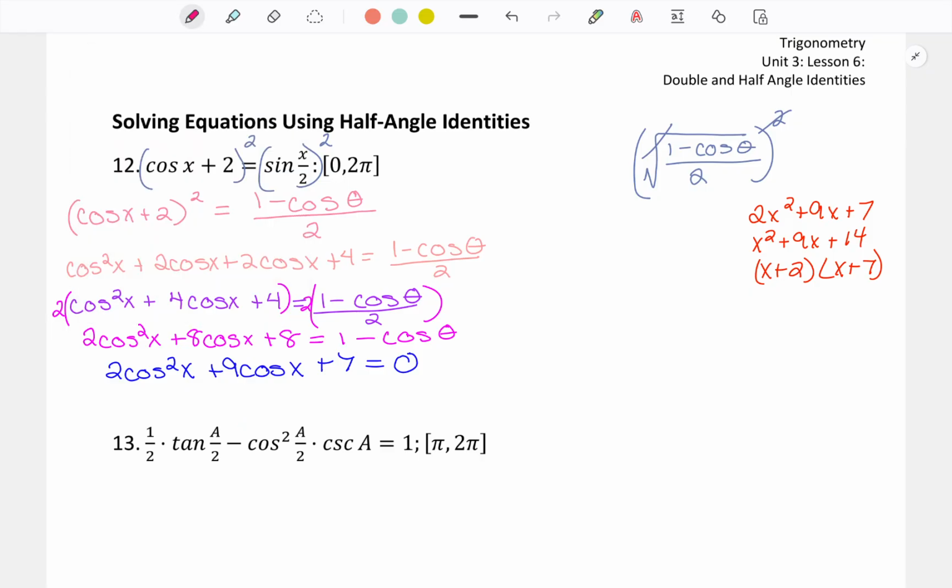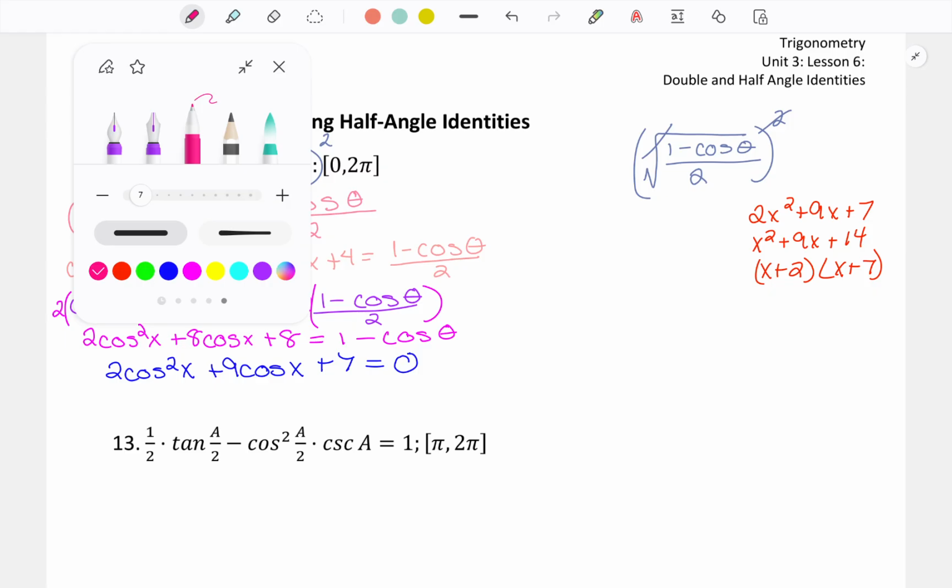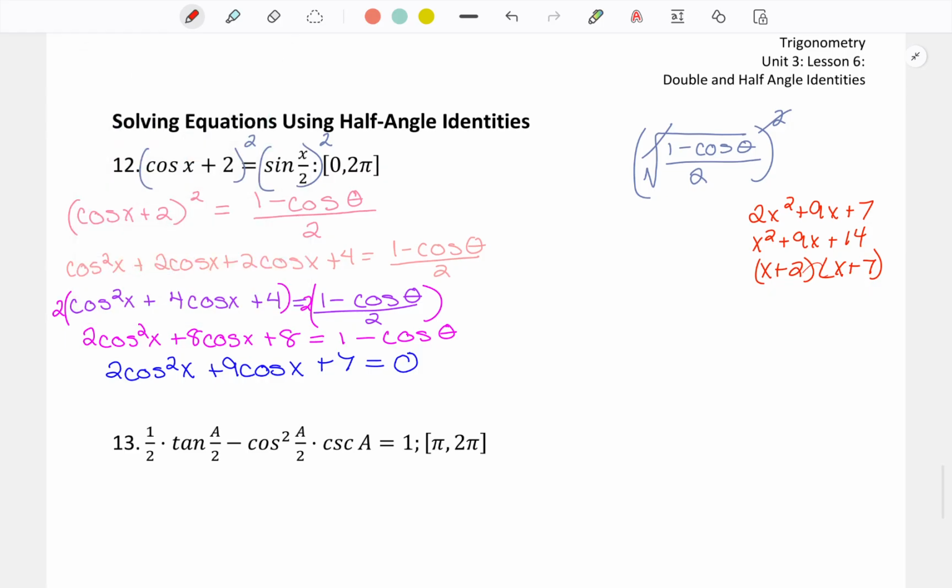And we still need to divide by 2 because this is slide and divide. So we got to divide by the number we slid. So that gives us x plus 1 and then 2x plus 7 because that 7 doesn't divide completely. So we are left with cosine x plus 1 and 2 cosine x plus 7.